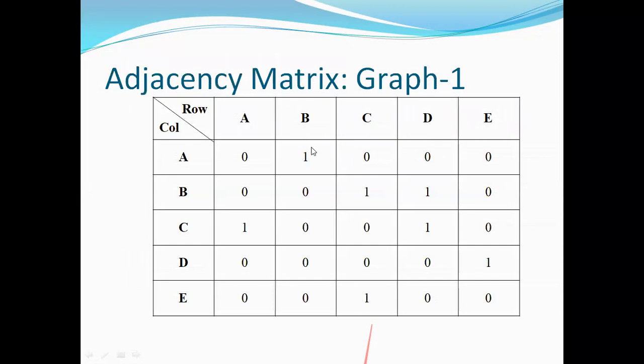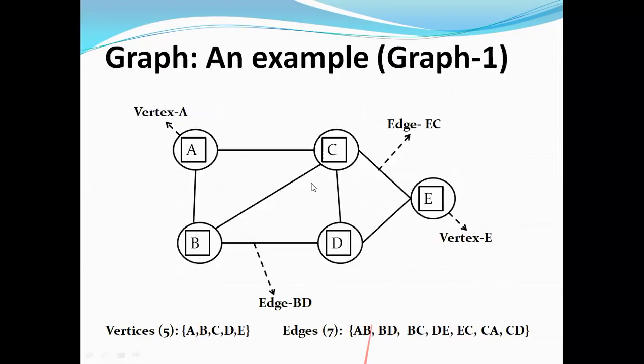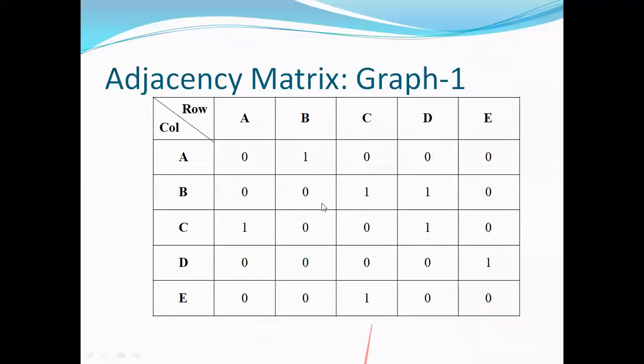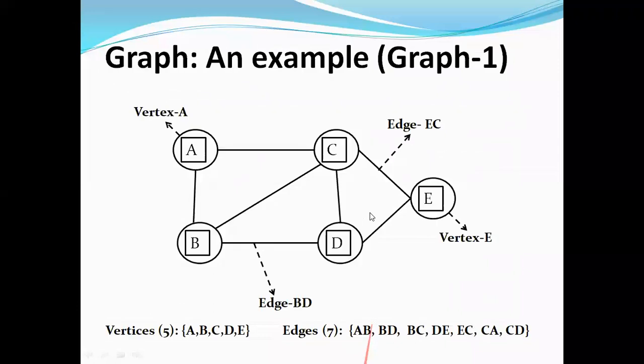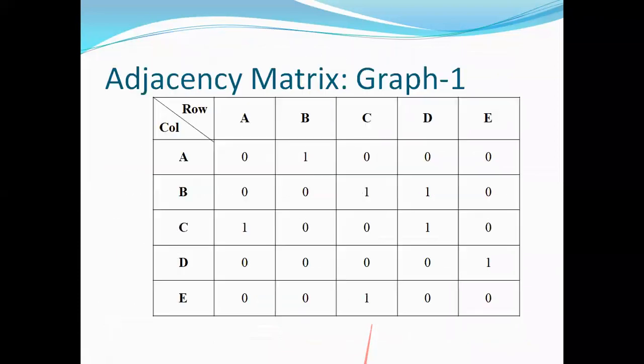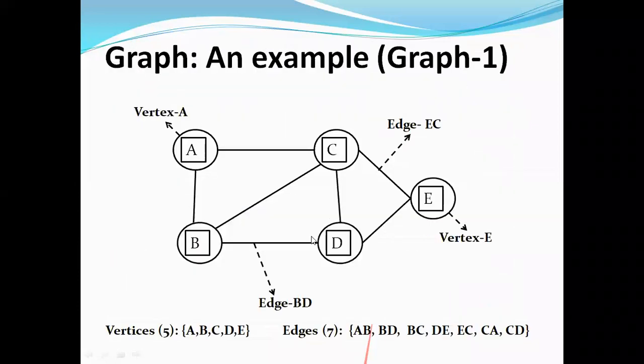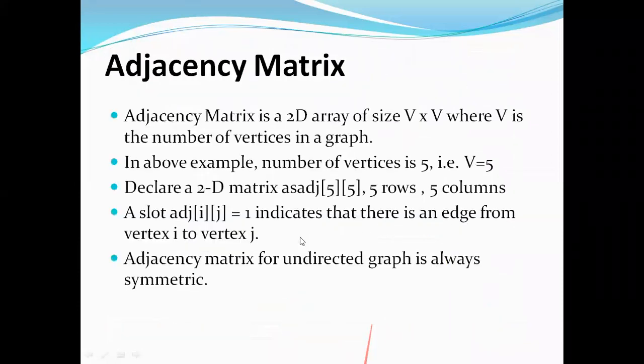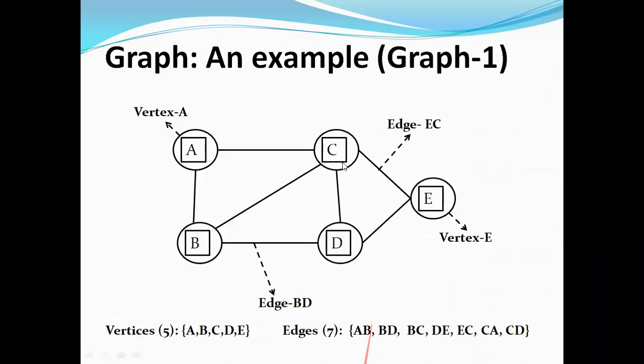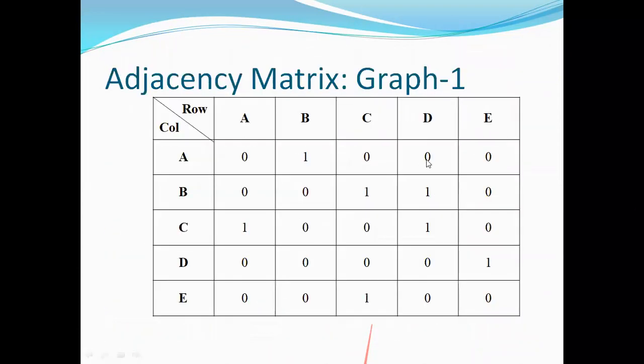So you can see A to B is 1, because there is an edge between A and B. Then B to C is 1, since B to C is an edge, you call it 1. And B to D is 1. So you write 1 if there is an edge there. If there is no edge, let's say A to D, there is no edge, so A to D becomes 0.